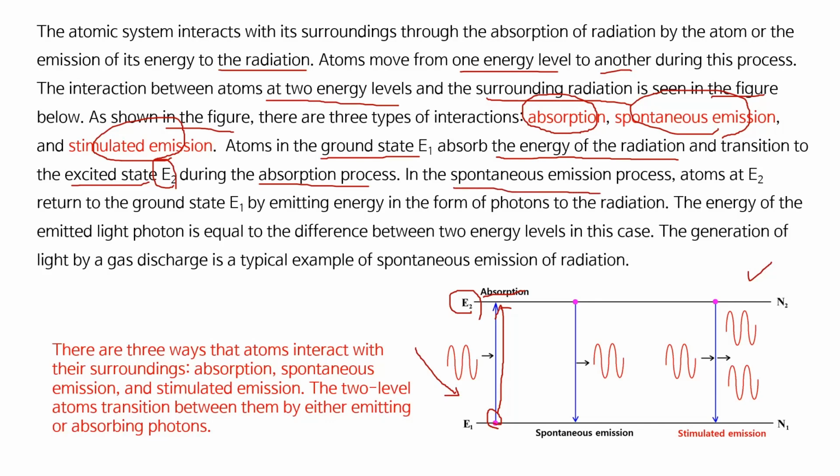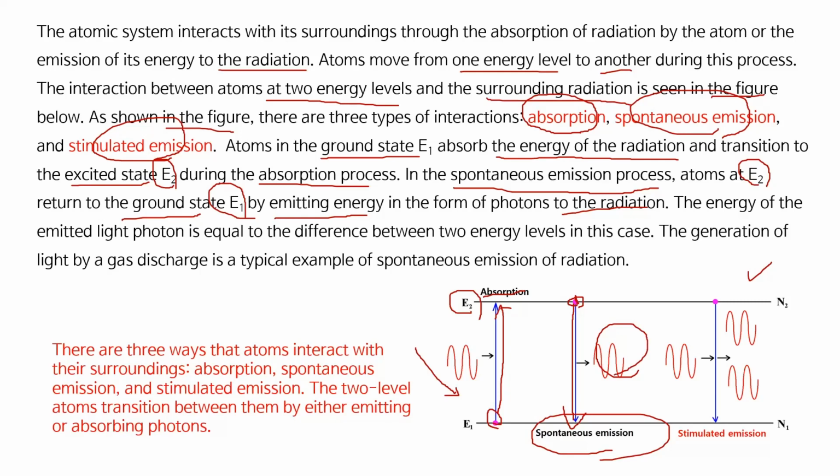In the spontaneous emission process, atoms at E2 return to the ground state E1 by emitting energy in the form of photons to the radiation. So in the spontaneous emission process, atoms in the excited states spontaneously move to the ground state, emitting photons.